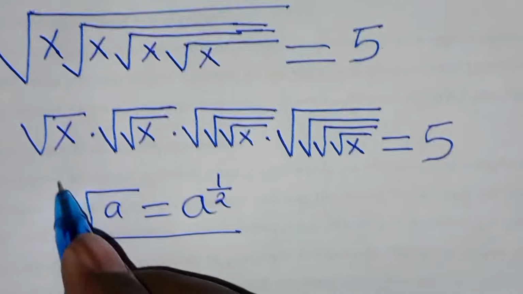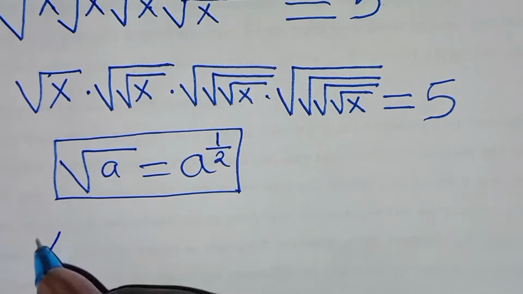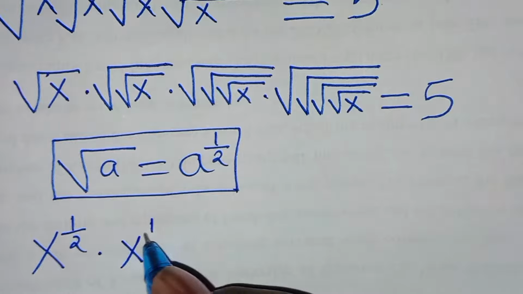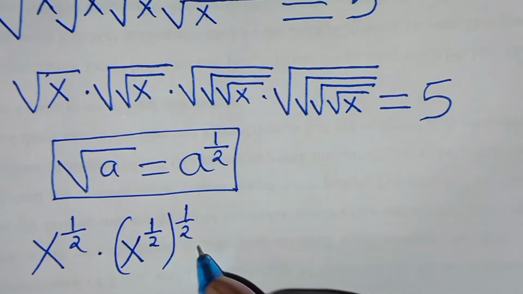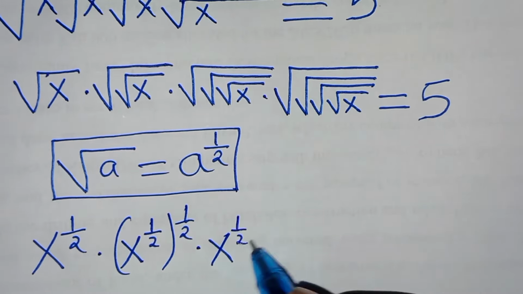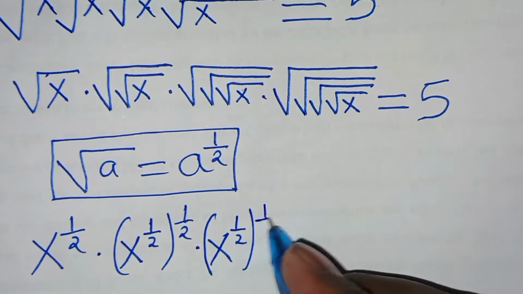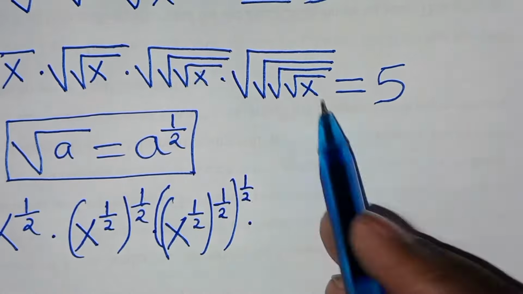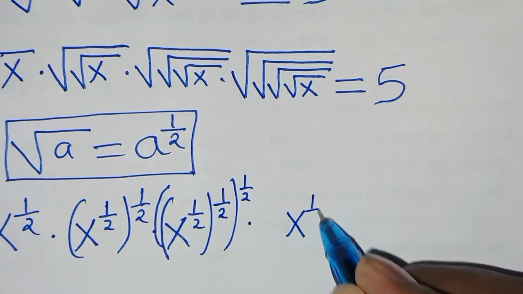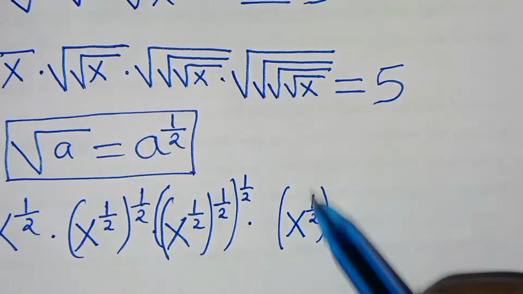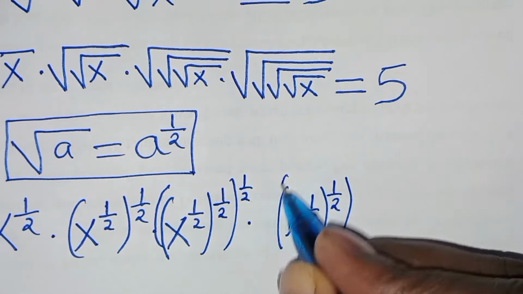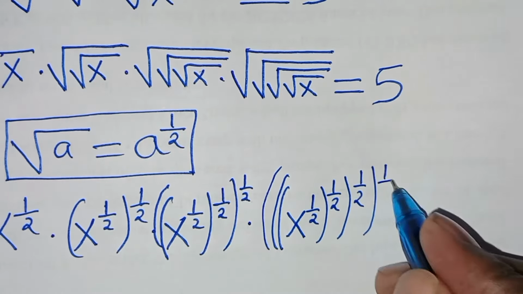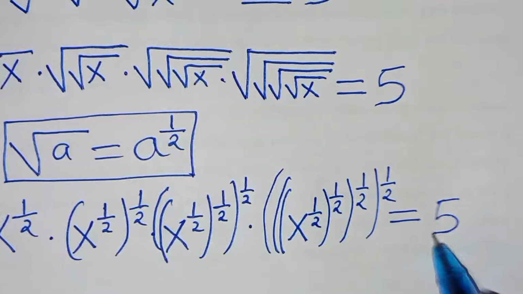So applying this property, you will have here x to power half multiplied by, here we have 2 square root signs, so this is the same thing as x to power half raised to power half, then times x raised to power half, then raised to power half, again raised to power half, multiplied by x raised to power half, raised to the second half, then raised to the third half, and finally raised to the fourth half. Now this is equal to 5.